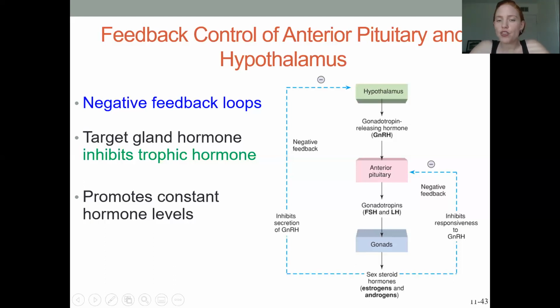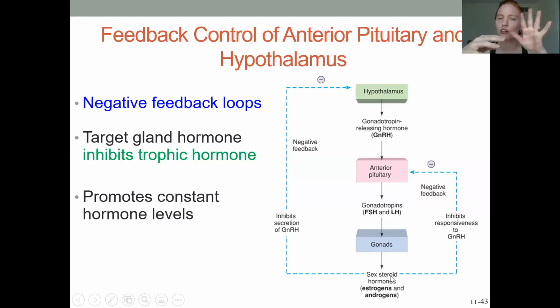But the other thing that it does is it helps regulate itself in the negative feedback loop. So this estrogen or the androgens, they're going to come back then and negatively inhibit both the anterior pituitary as well as the hypothalamus.